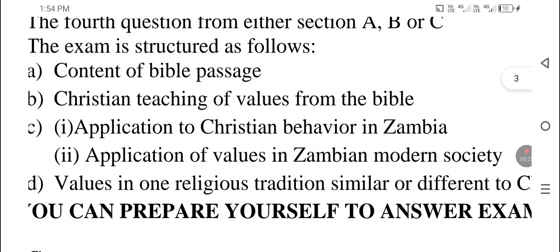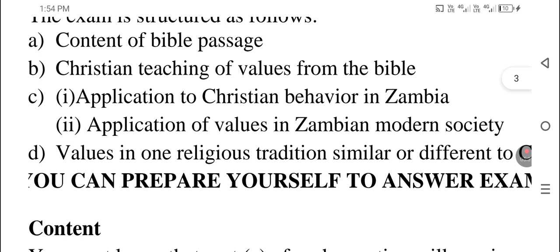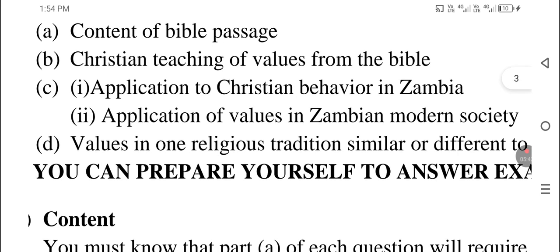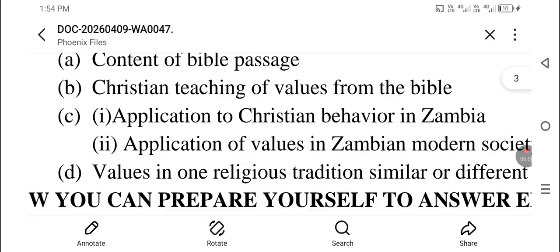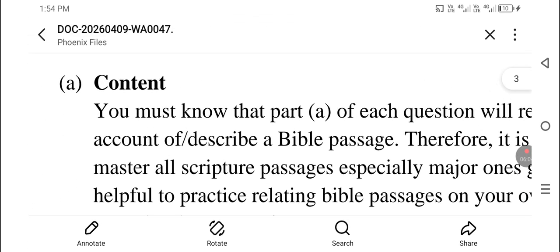Then C1, you are giving the context from a Christian point of view from the Bible passage: what Christians think today, not the old ones, but now. Then C2, you are giving values in modern society, not only for Christians, but everyone. Now, what is happening now? Then D, you give the similarities or differences among the three from what you have learned from the Bible passage.